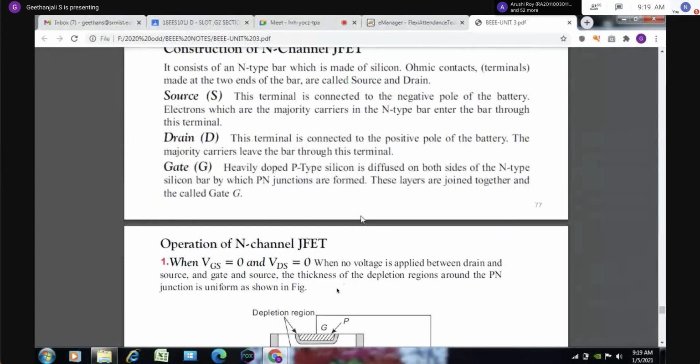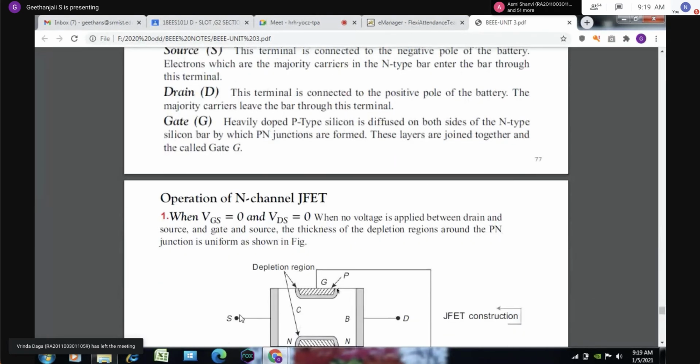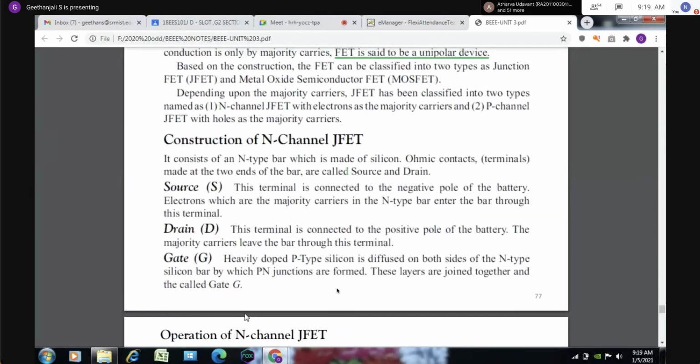The source terminal is connected to the negative pole of the battery. As we know, in the N-channel JFET the electrons are the majority carriers.